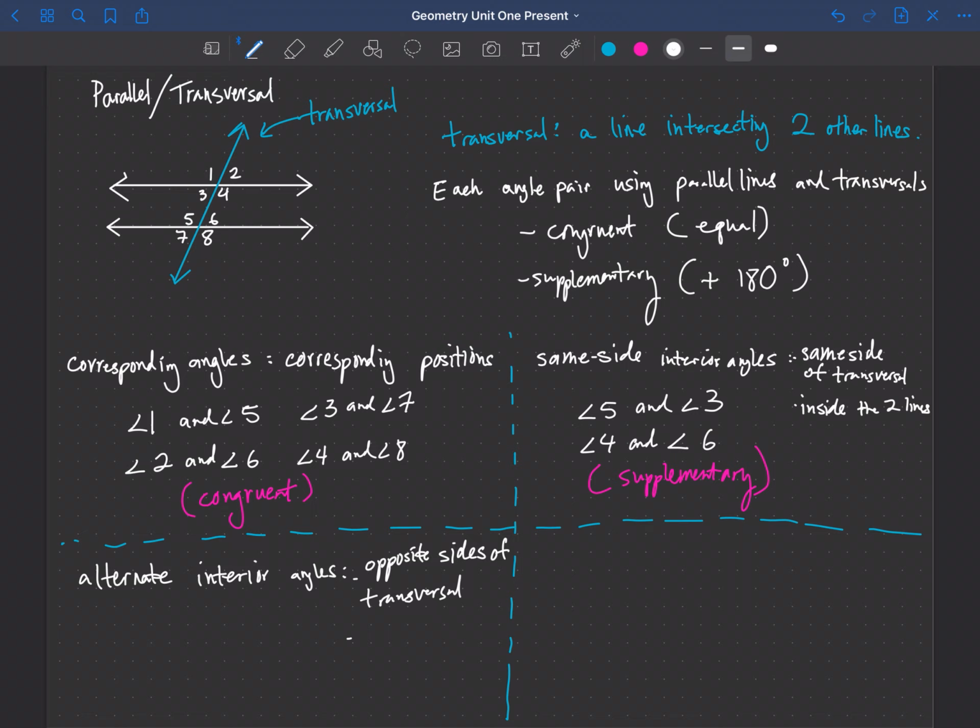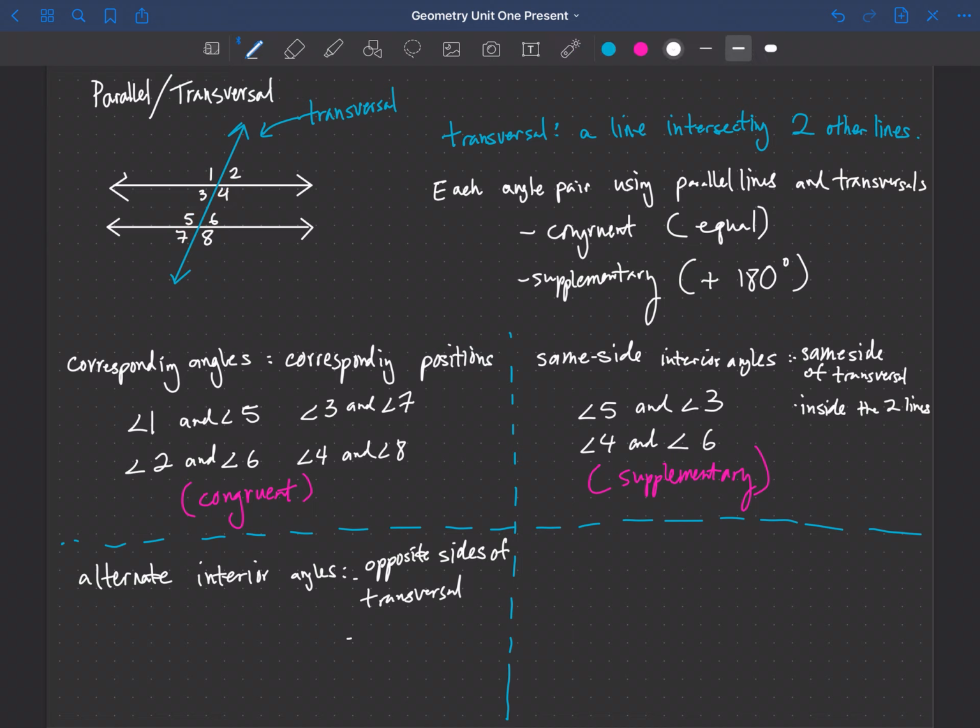I'm sorry. If it's interior, we're talking about between the two lines, right? So in between the two lines would be 3 and 6, 5 and 4. What I mentioned previously, 1 and 8 would be exterior, which is something that we're going to talk about in our last one.